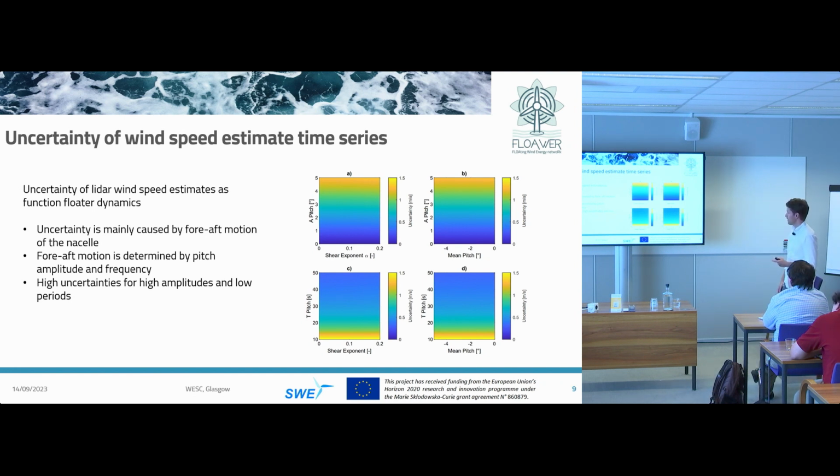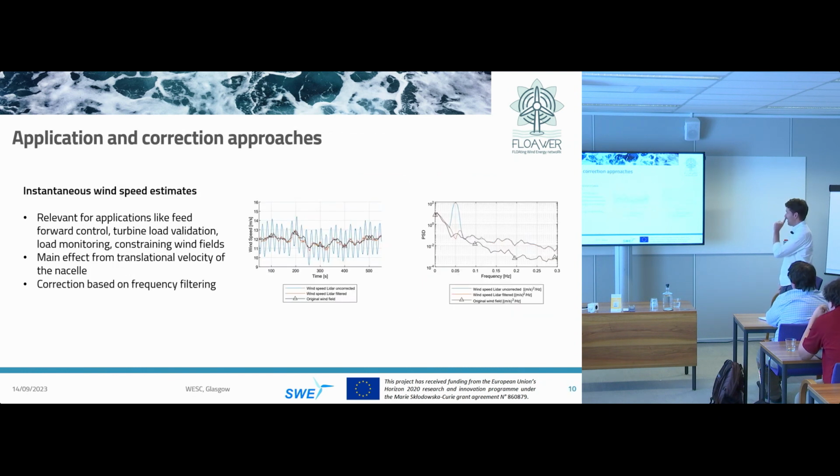So consequently, we have high uncertainties for high pitch amplitudes and high pitch frequencies. So that's the cases where the nacelle moves back and forth fastest. And again, here we can think of what is the application, and do we need to correct for these effects.